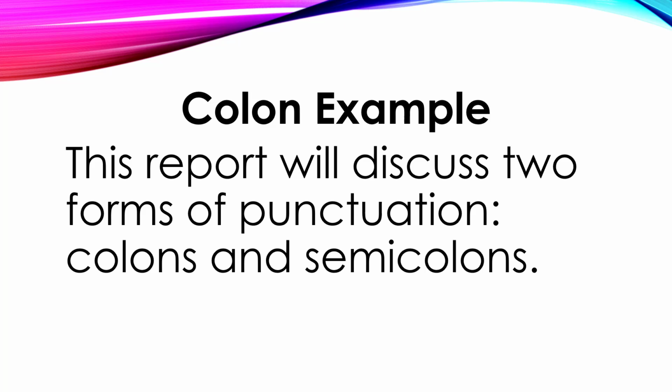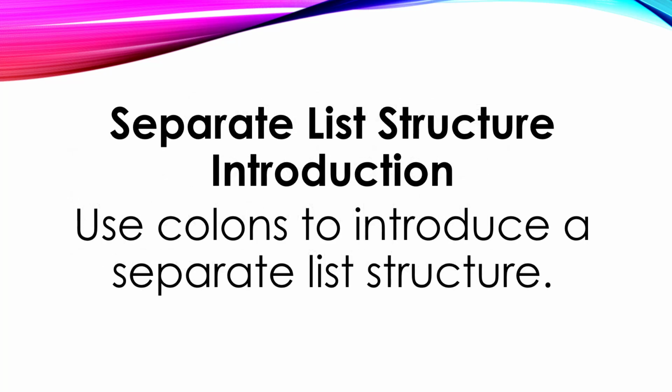So it's kind of like almost, it's not a sentence terminator, it's an introduction to information. So the whole sentence, this report will discuss two forms of punctuation, is the introduction to what it's going to introduce, colons and semicolons. And to use that, I end the introduction with a colon, and then I specify what this is about, the clarifying information.